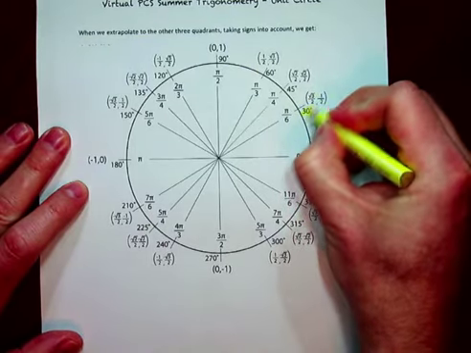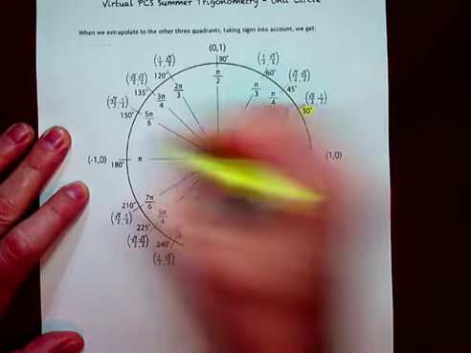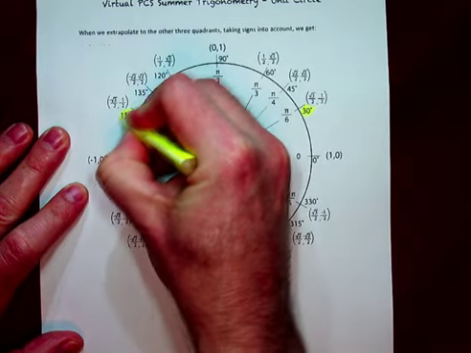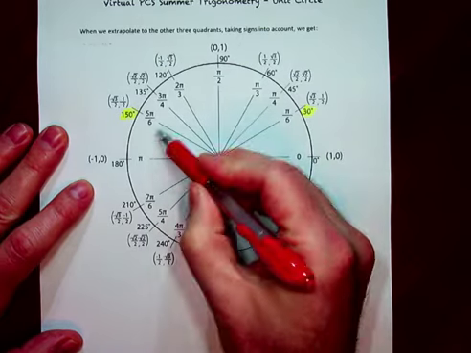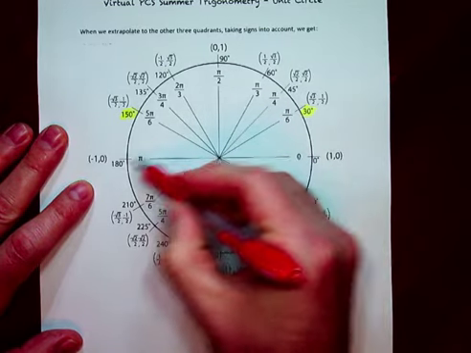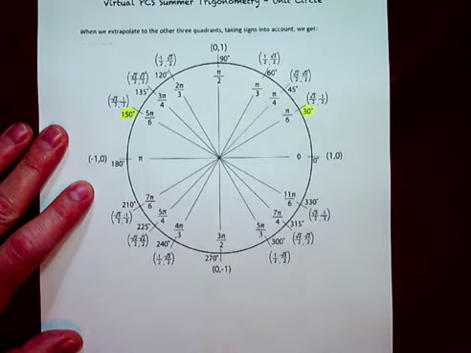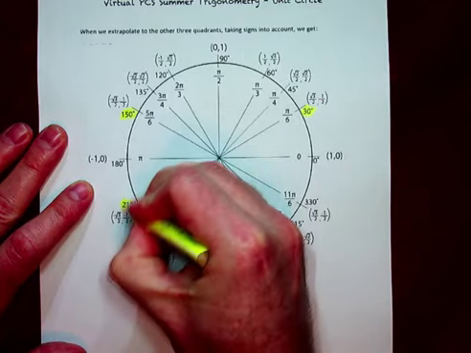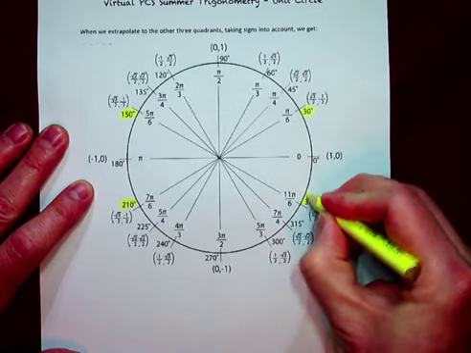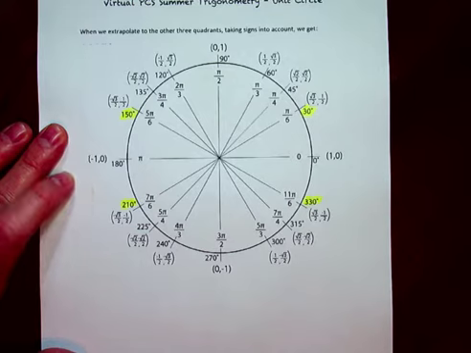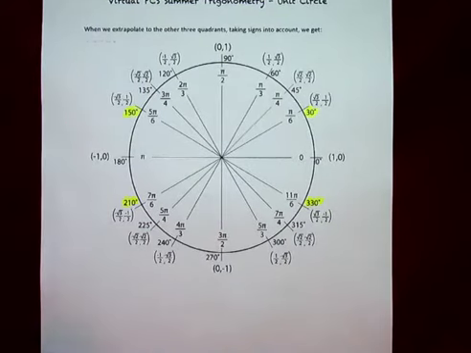So 30 degrees is the same reference angle as 150, right? Reference angle being the distance that it is to the closest x-axis. And 210 and 330. Those four angles all have the same reference angle.